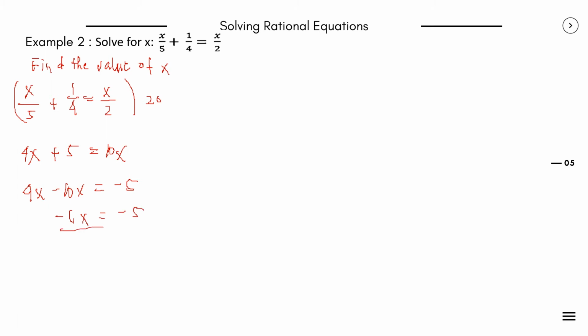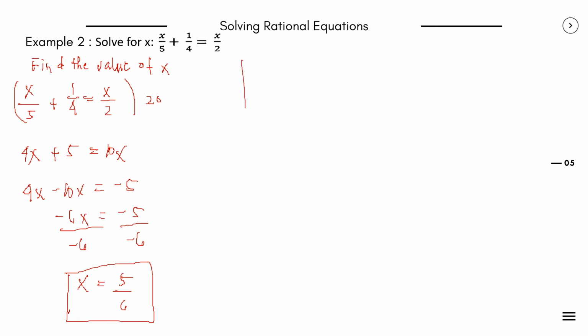Then, to find the value of x, divide both sides by negative 6. So, the value of x now will be 5 over 6. Yes, ma-eliminate po yung negative sign, kasi, di ba, dividing like signs, negative to negative, magiging positive. So, 5 over 6 siya.